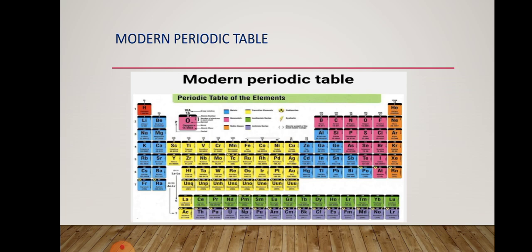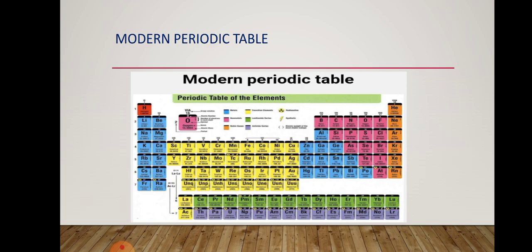You have already learned about the periodic table back in class 9, 10, but for your convenience we will revise it again. In the periodic table, elements are arranged in 7 horizontal series called periods and in 18 vertical columns called groups.